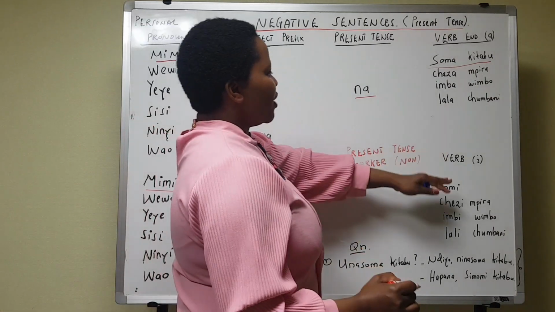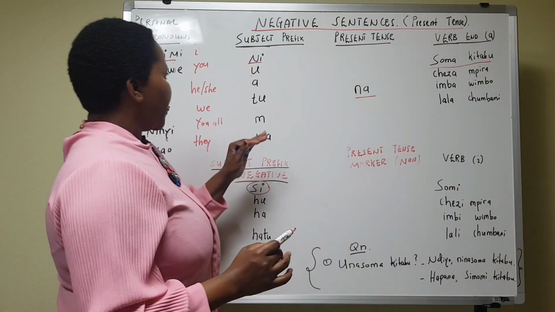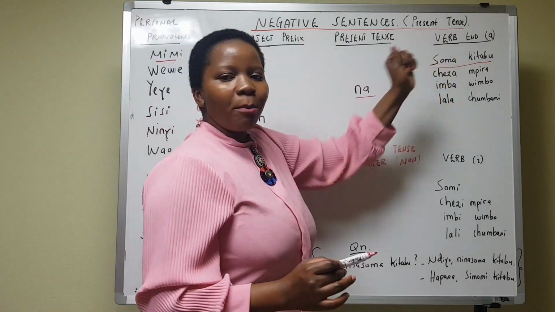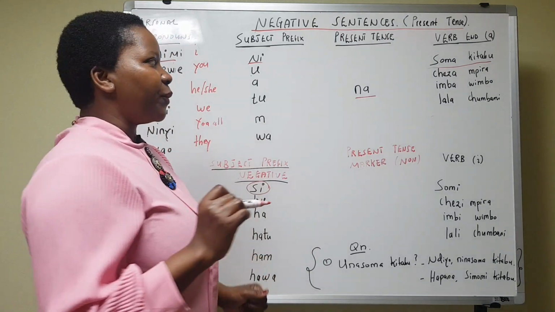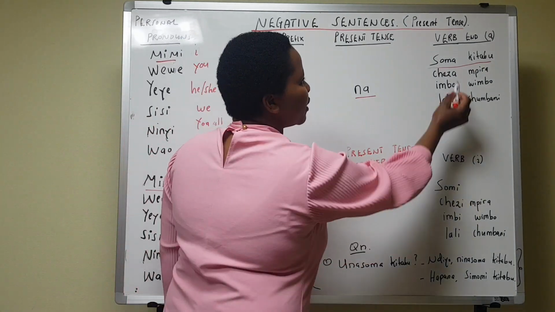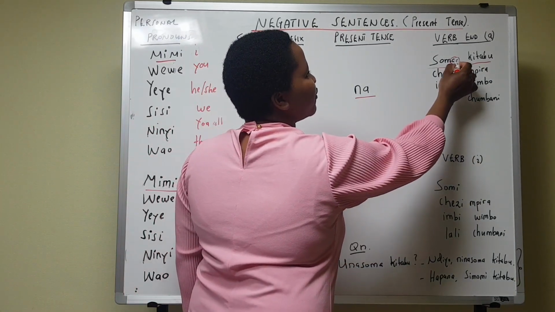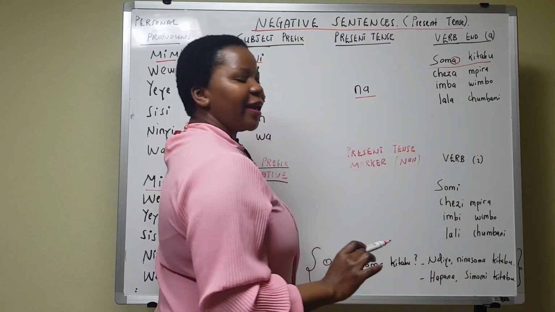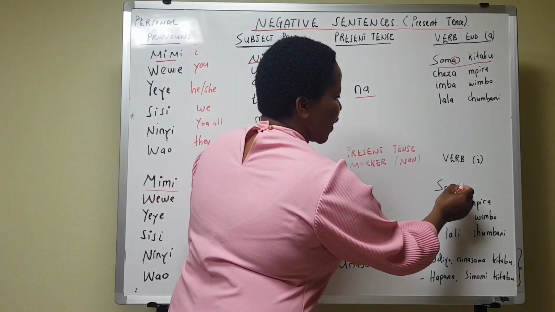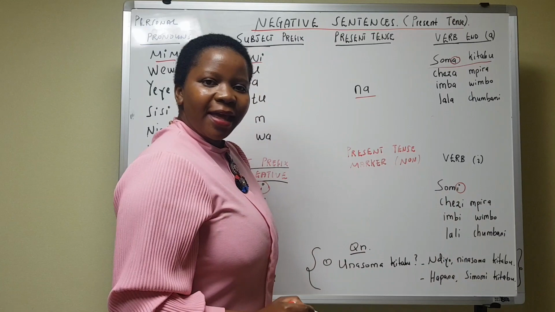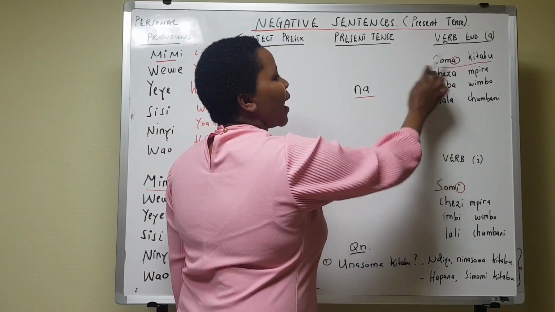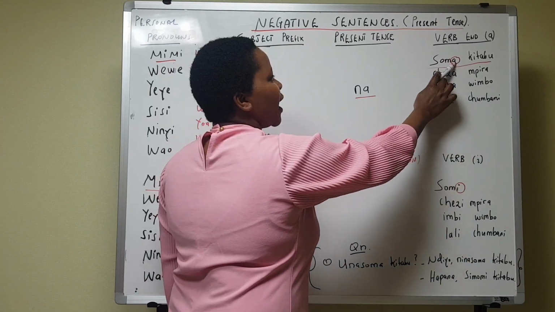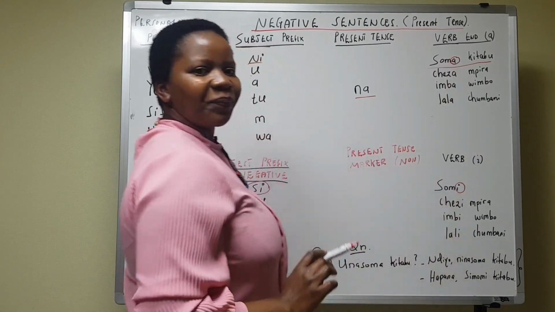And if you want to change the verb soma into a negative form, this is the formula: you have to remove the verb ending a and change a into e.